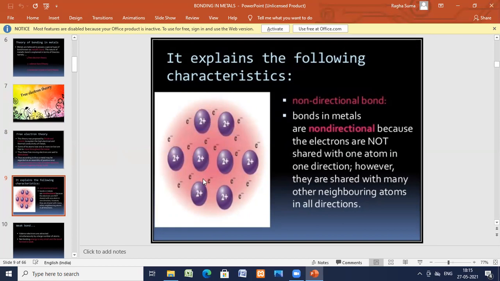They are non-directional, so the bonds are also non-directional, and the electrons are not shared with one atom in one direction. Each electron is shared by a number of neighboring atoms, in all directions.